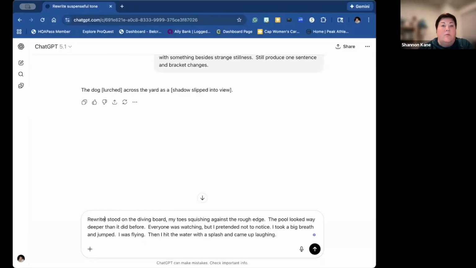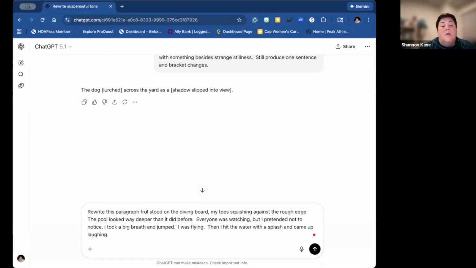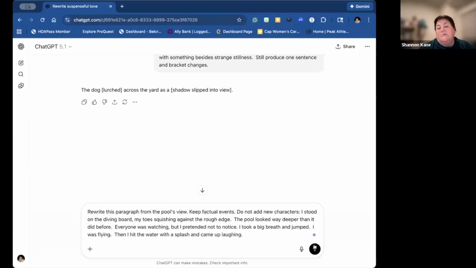I want to say rewrite this paragraph, and since we're working on different perspectives, let's rewrite this paragraph from the pool's view. I want it to keep factual events and do not add new characters. Let's see what it gives us.